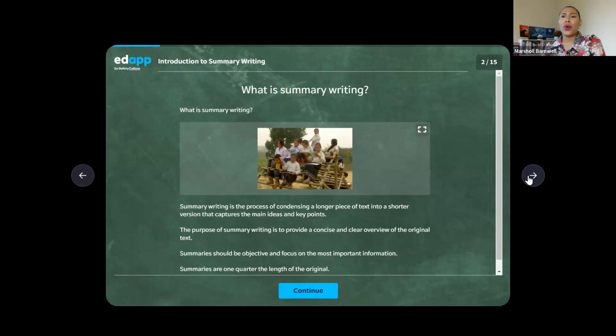You may say, well, what is the purpose of having a short version of a long version of the same thing? That's a good question. Have you ever wanted to do some research on a topic and you put it in the computer and Google, and there are lots of articles that show up, and you just don't know which one you should choose? You don't know which one has the exact information you're looking for.